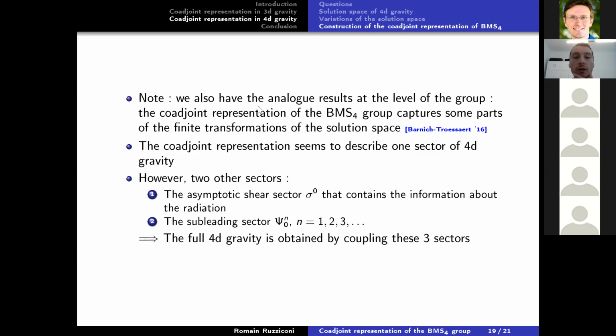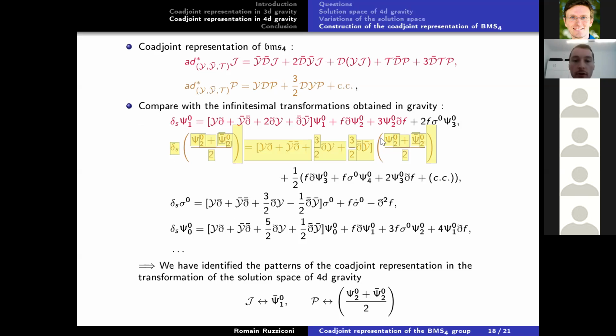So let me mention that this also works at the level of finite transformation. If you look at the finite transformation of the solution space under BMS4 transformation, they will exhibit some patterns of the coadjoint representation of the group this time instead of the algebra. So as we can see here, the coadjoint sector only captures one part of the transformation in the solution space.